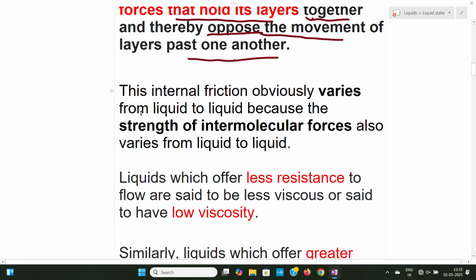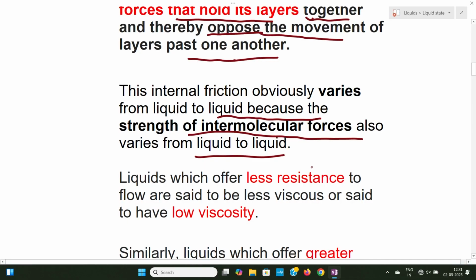The internal friction obviously varies from liquid to liquid because the strength of intermolecular forces also varies from liquid to liquid. Water will flow very easily because the internal friction is less, while honey will have more internal friction. That means the intermolecular forces in honey are high, and because of that, honey is more viscous.